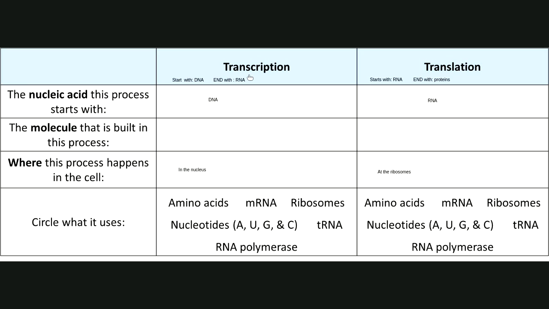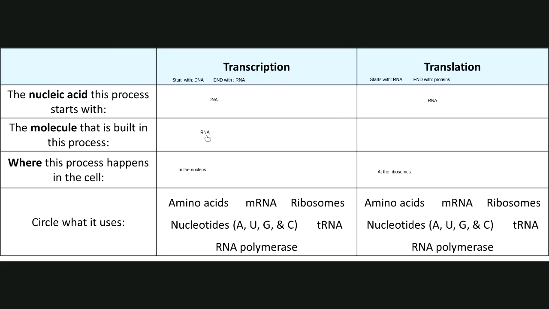We actually put it here for ourselves. The process of transcription, we start with DNA, and we build the molecule RNA. That's our goal at the end of this process. RNA. Yeah. So for transcription, we still built another nucleic acid. It still is an information molecule.